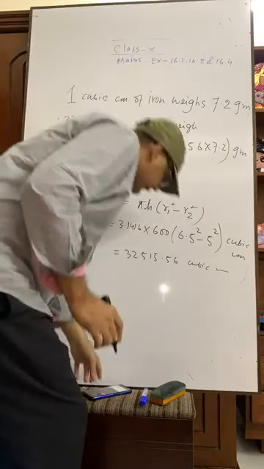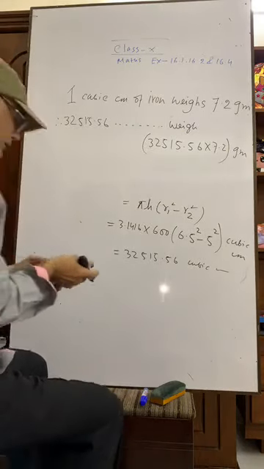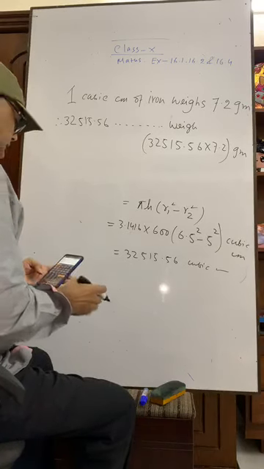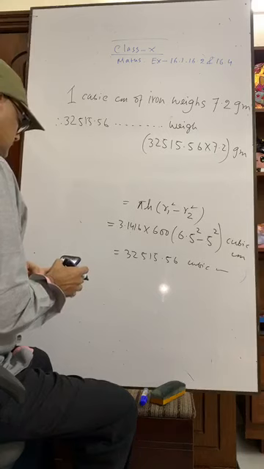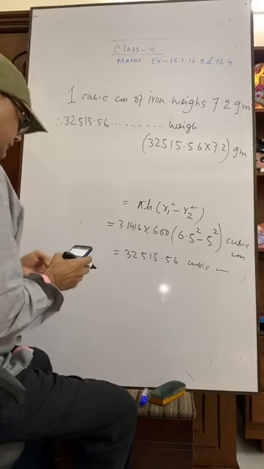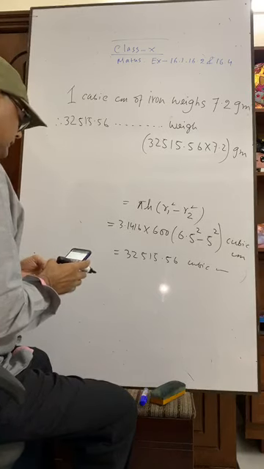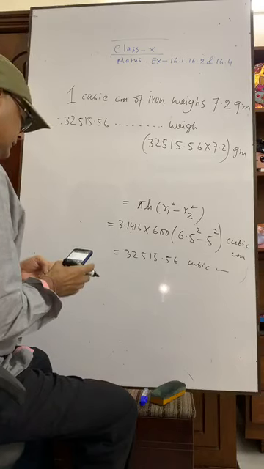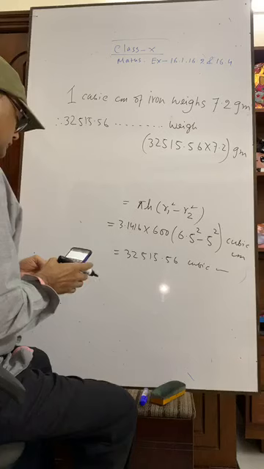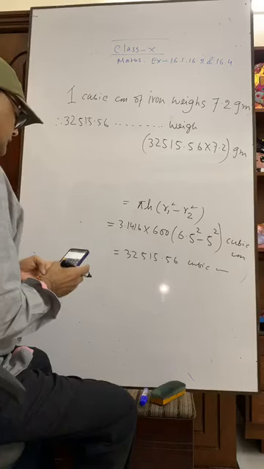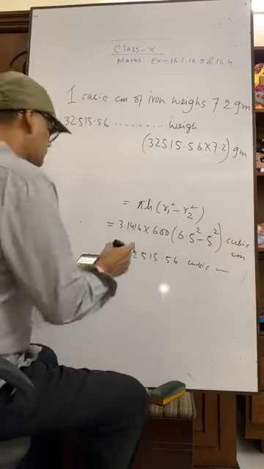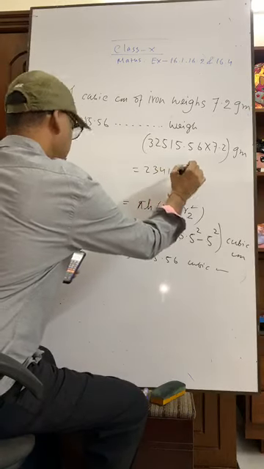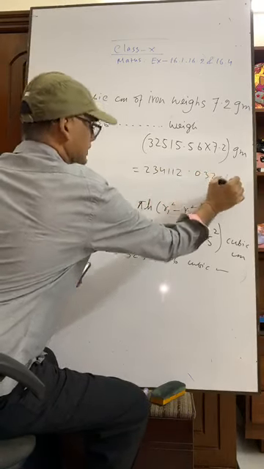Okay, now use a calculator. 32515.56 into 7.2 is equal to 234,112.032 gram.